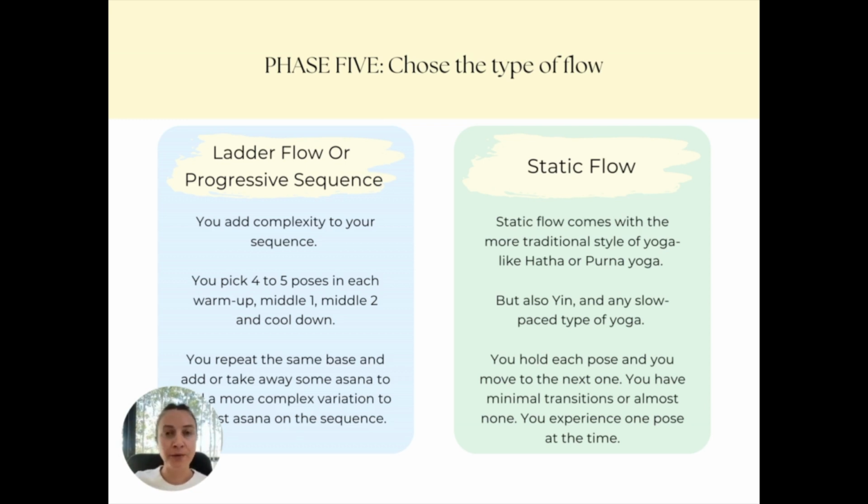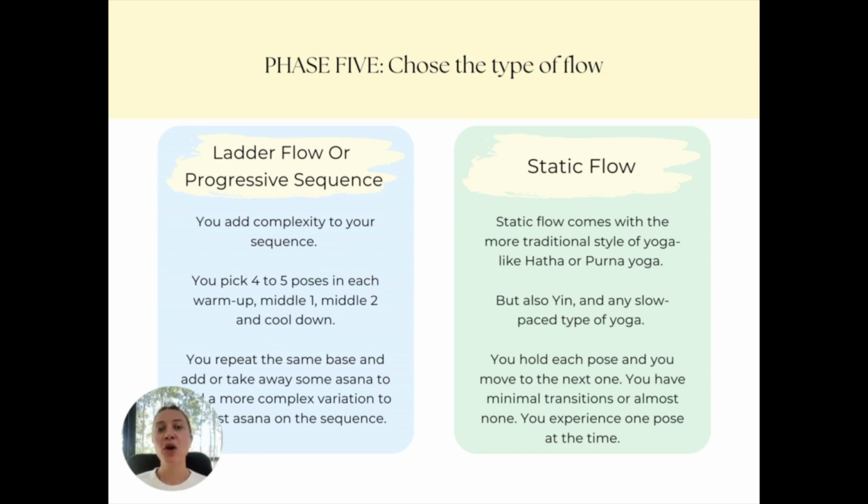Or from wild thing, you can move away and go side plank, warrior one, humble warrior, from humble warrior, standing split, from standing split to warrior 3. Of course, whenever you add up, you can repeat the sequence of the 4 or 5 asana you choose, or you can just continue with the flow. So you add up slowly and then you come back, or you don't come back.